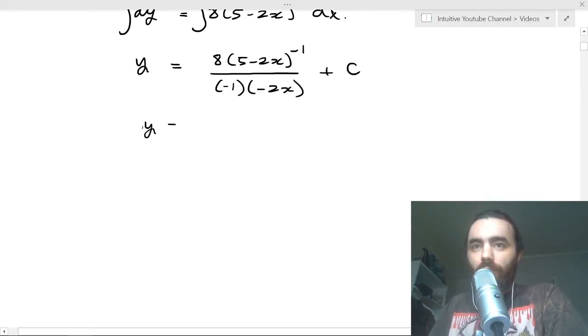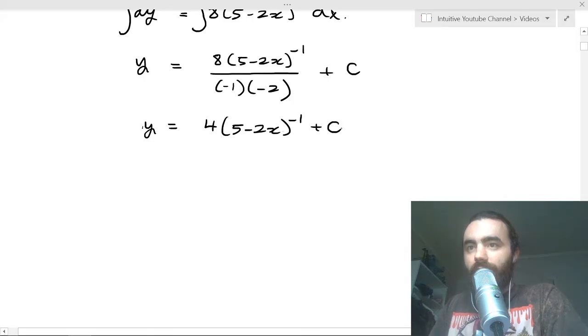Oh, not 2x. The derivative is minus 2. The derivative of this with respect to x is minus 2, so we divide by that. So we get 8 divided by this, which is 2, so that's 4 times (5 minus 2x) to the negative 1 plus c.